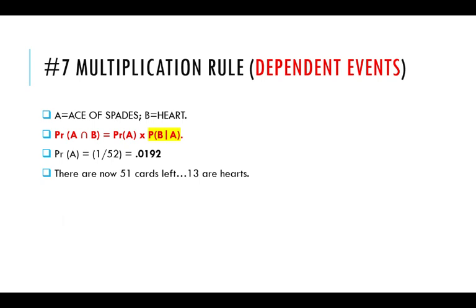So there's now 51 cards left and 13 are hearts. That's the dependency part. We no longer have 52 cards. The probabilities are related. We have 13 hearts left. So we need to know the probability of B given A. So what's the probability of B given that we drew the ace of spades?